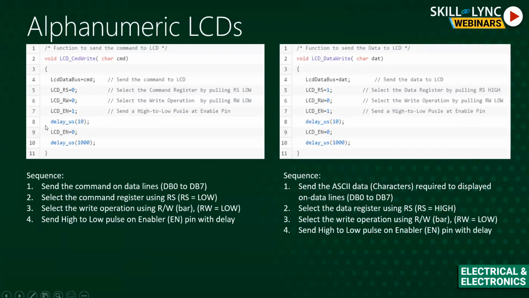This way we send a basic command, and just opposite to that, where everything is the same, we have the RS line equal to 1 in the other function. So this function will write the data, and this function will write the command. The same thing is described over here as well: we follow this sequence for the command and this sequence for the data.